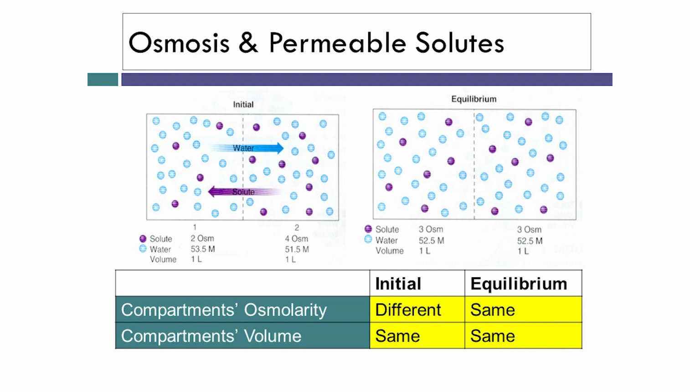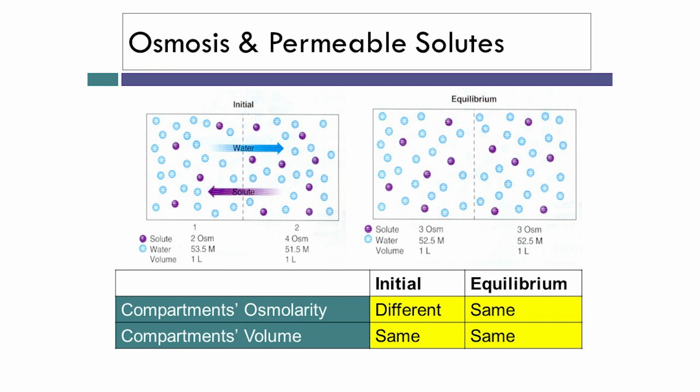But we're talking about here a permeable solute that can penetrate the membrane. So the solutes will penetrate the membrane. What does it do? It tries to equilibrate. Okay? So after equilibrium, what will happen now to the compartment's osmolarity and volume? It will now eventually be the same.